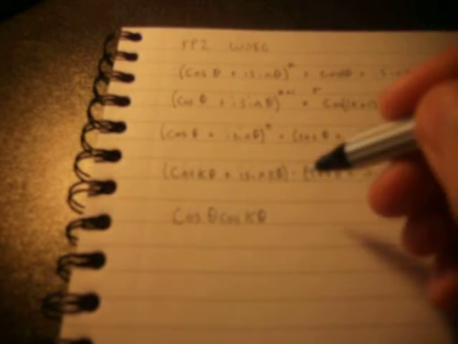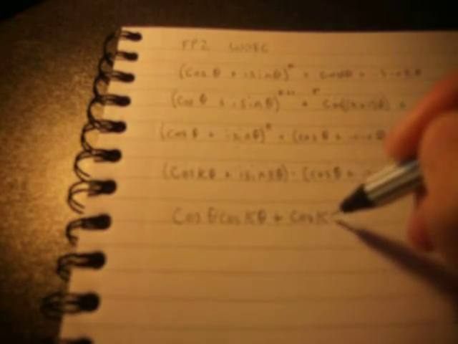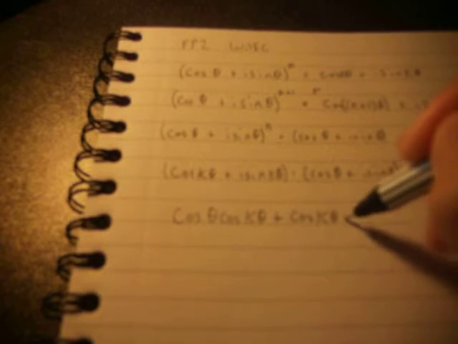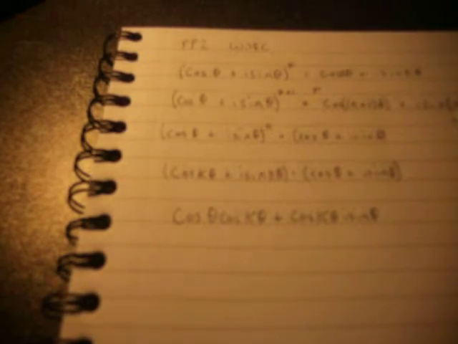O outside, so plus cos k theta i sine theta, and now I, the inside, plus i sine k theta multiplied by cos theta.